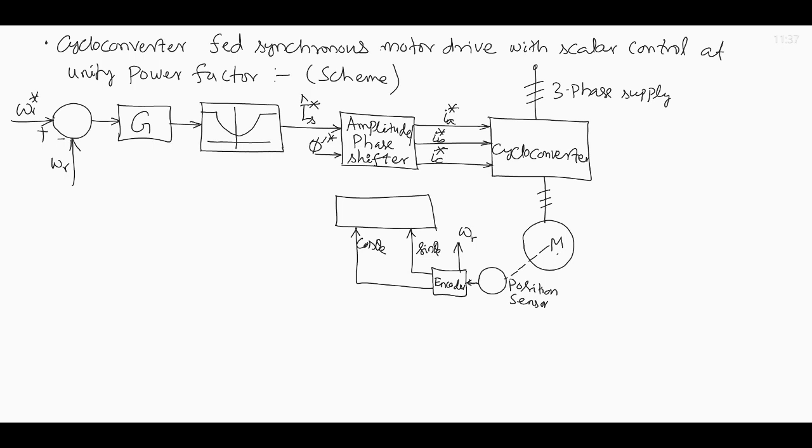From this block we generate the control voltages U A, U B and U C. We have a function generator which generates the phase angle of the current command phi star hat with I s star.